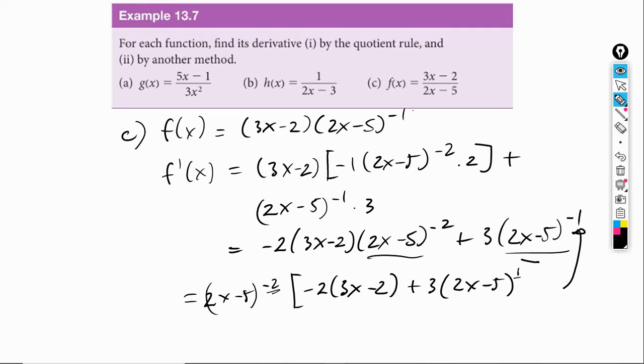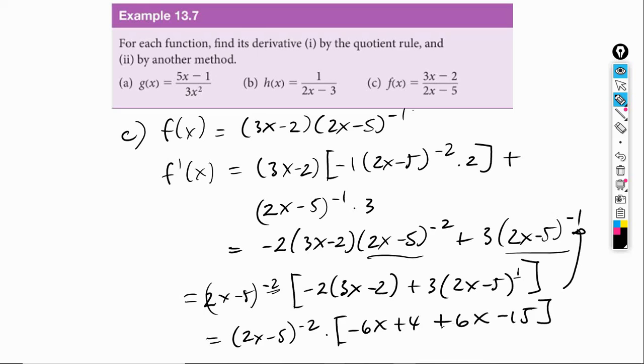very well, so let's simplify this, and we're going to actually get that this equals 2x minus 5 to the power of negative 2 times, let's keep it in parentheses for now, minus 6x plus 4 plus 6x minus 15.